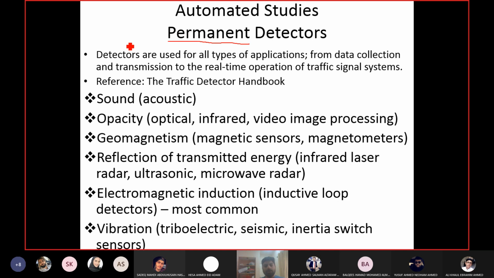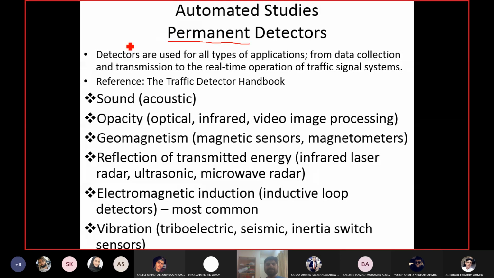These detectors are installed below the surface of the road. Okay, and wherever the traffic volume is higher, the detector will transmit the data to the traffic signal, and the signal timings will change according to that.